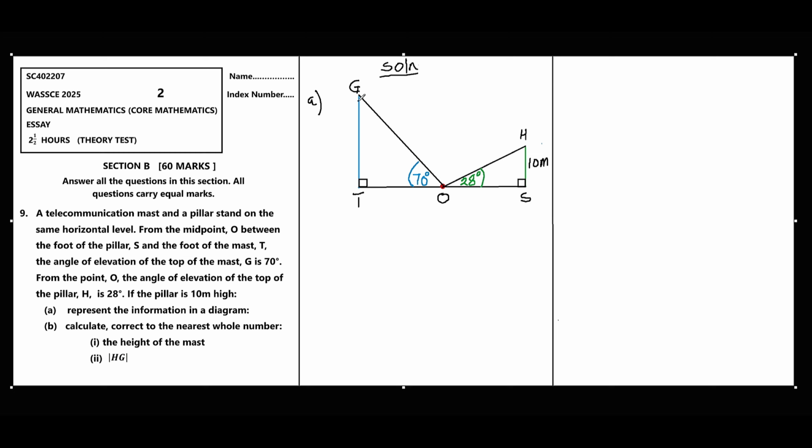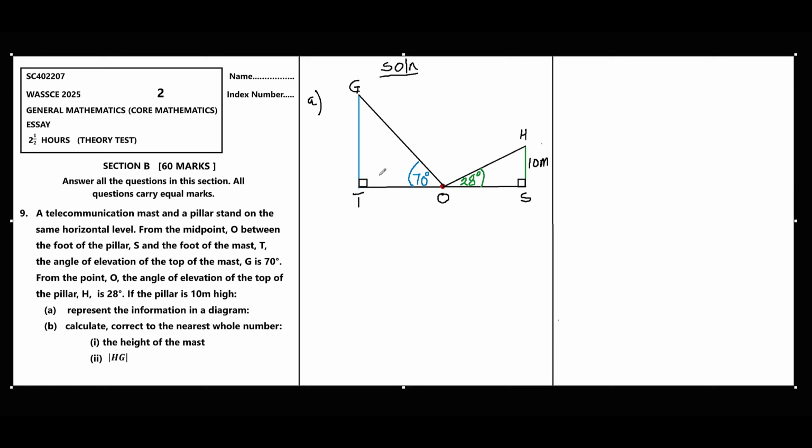So to calculate the height of line GT, it means that we need the dimensions of one of the remaining sides. So how do we do that? Remember that the distance from point T to the point O is the same as the distance from point O to S, because O is the midpoint, that is, it is located halfway between the foot of the mast and the foot of the pillar.